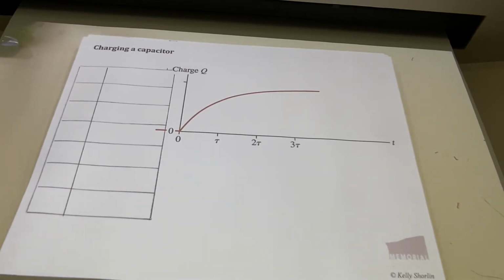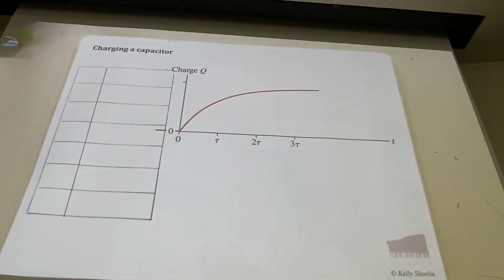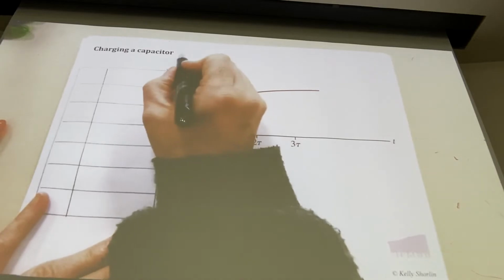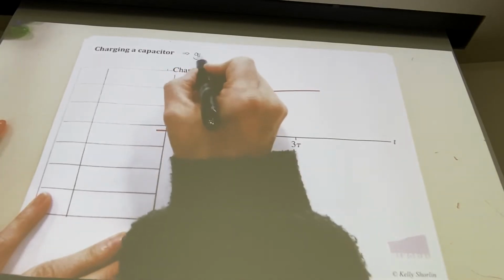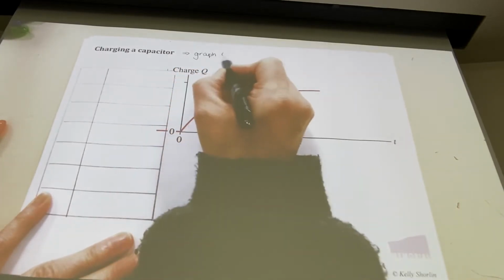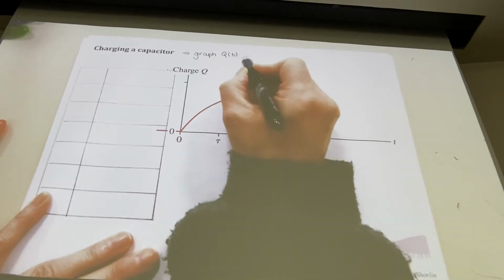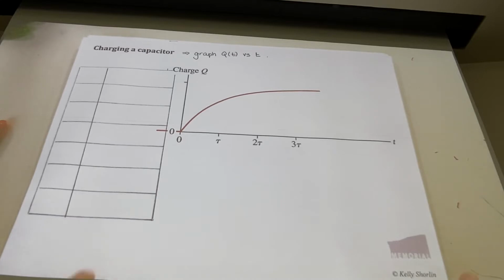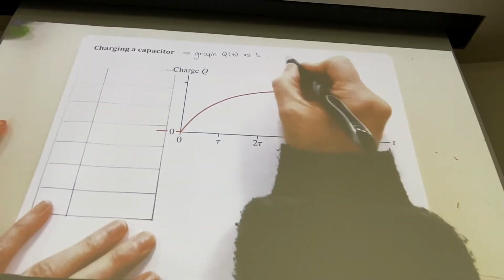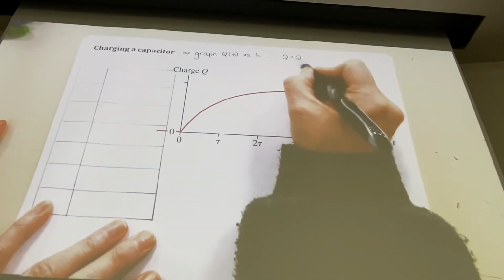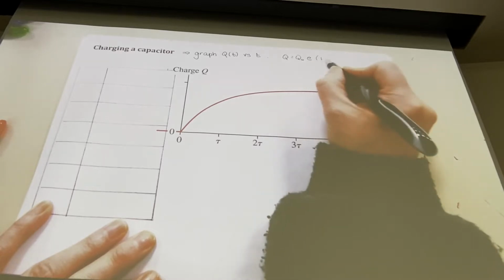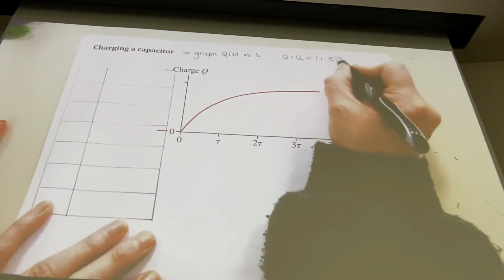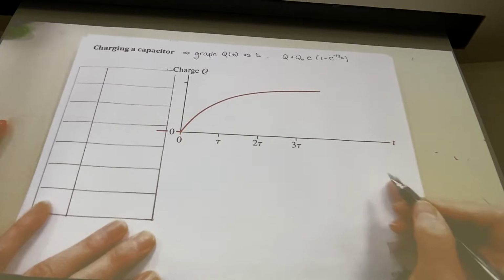So let's think about making a graph of the charge as a function of time. So we want to graph our charge versus time. Let's just write down our equation for the charge. Q is equal to Q0 times (1 minus e to the minus t over tau).